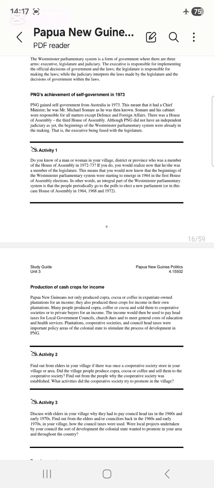It is the first House of Assembly that we've seen our founding fathers and other founding fathers as well, including Somare and his team, indigenous leaders, came onto the political front or the political scene. Now this is important. The first House of Assembly created the idea of elections. We have our founding fathers become leaders during this time in 1968 and 72.